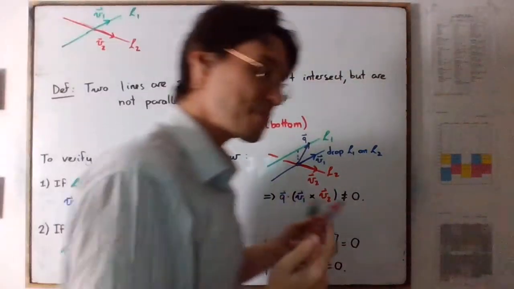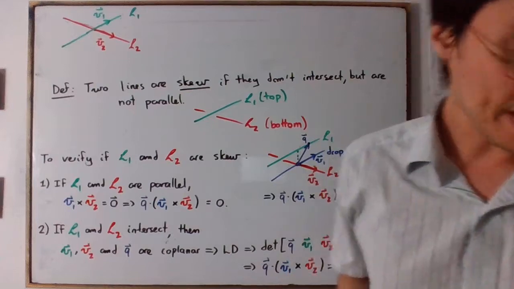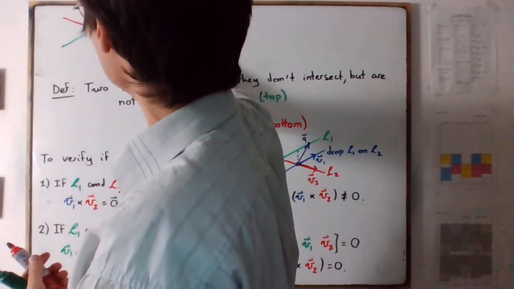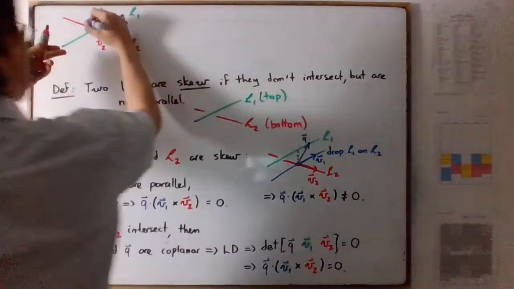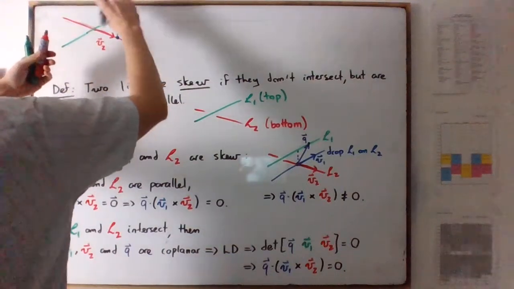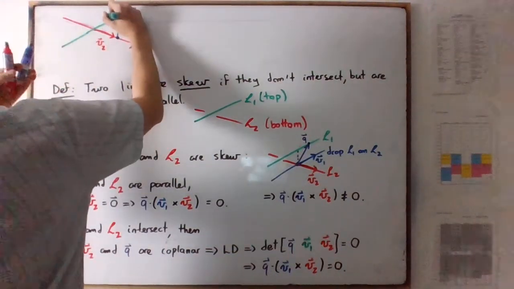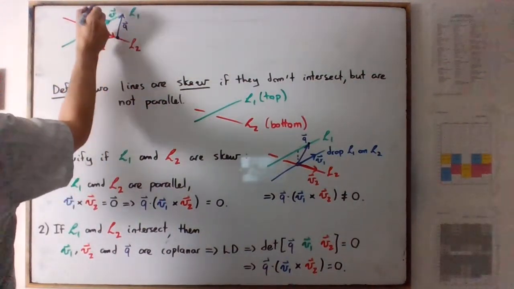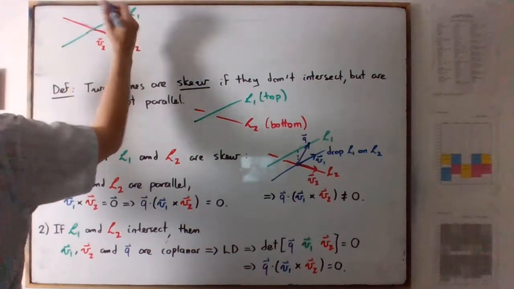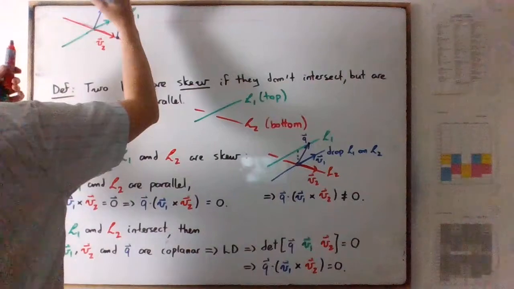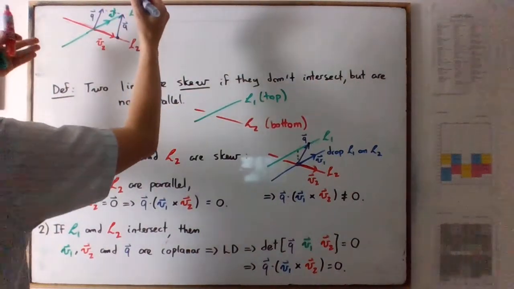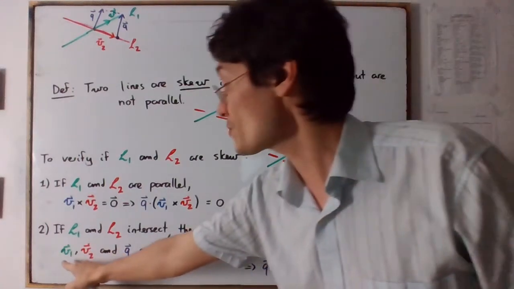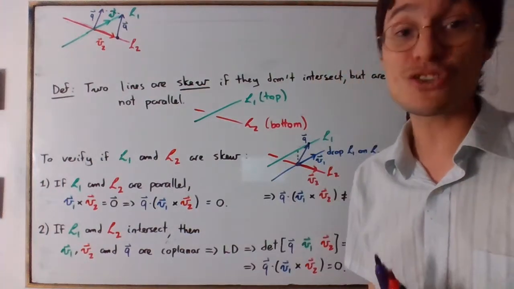But here's the big difference: if you take a vector Q, like this, you can imagine translating the vector Q along the vector V. You would get a scenario in which these 3 vectors, V1, V2, and Q, are coplanar.